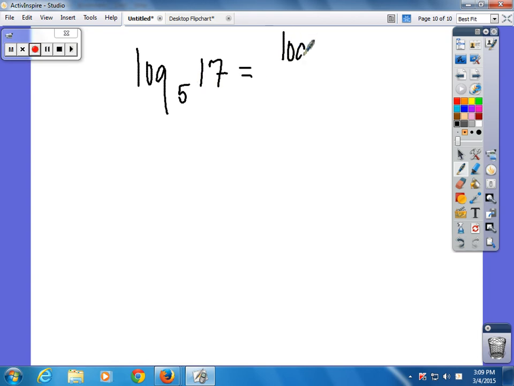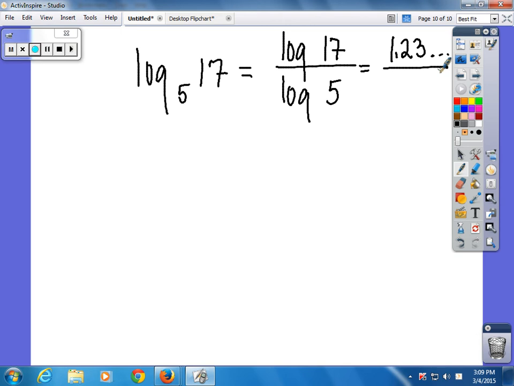That's equal to log 17 over what? Now somebody give me the log of 17 on your calculator. Tell me what it is. Log of 17: 1.2304. That's good. Over log of 5. What's log of 5? 0.6989.